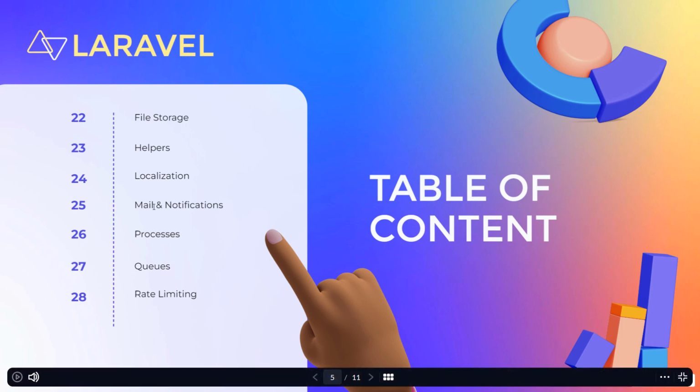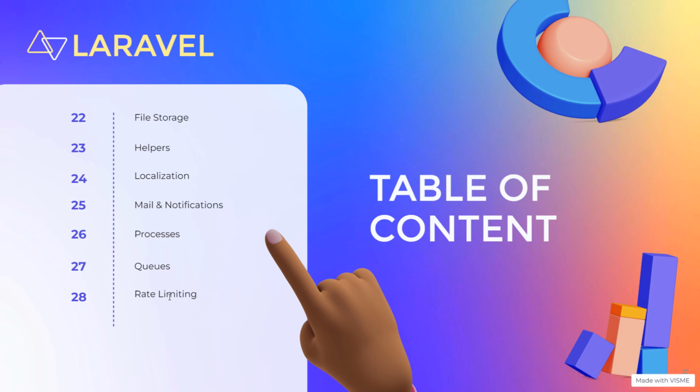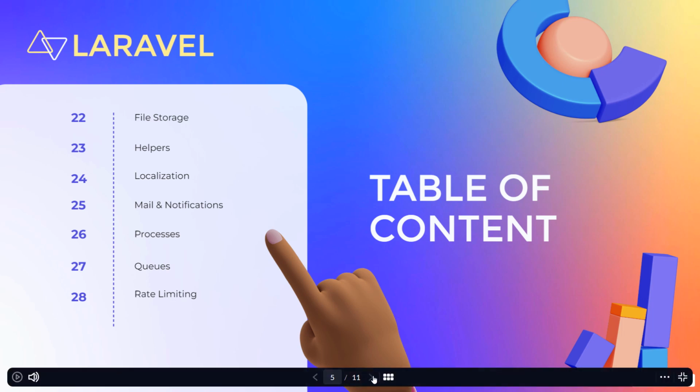Mails and notifications. So these are two different concepts. Mail is one concept and notification is a separate concept. Then we have the processes, queues, rate limiting. So rate limiting is basically how we want to control a certain web page or web application. So the number of requests, we can limit how many requests can be sent per minute or per second, stuff like that.